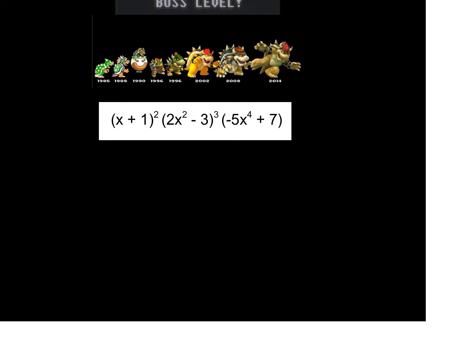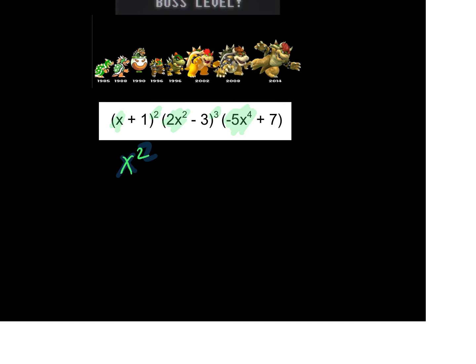So I hope somebody at least was able to go the x, oops, I'm trying to use a highlighter here. The x squared, the 2x squared to the third, the negative 5x to the fourth, you put them all together. I'm going to do each one separate. This one's x squared. Oh, that's too light. I'm going to try drawing in green. That's a lot easier to read on a black background. X squared.